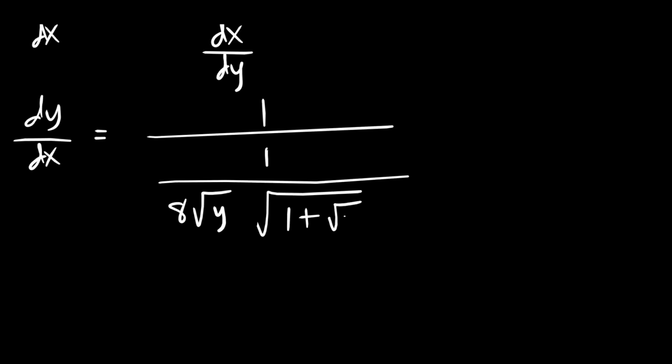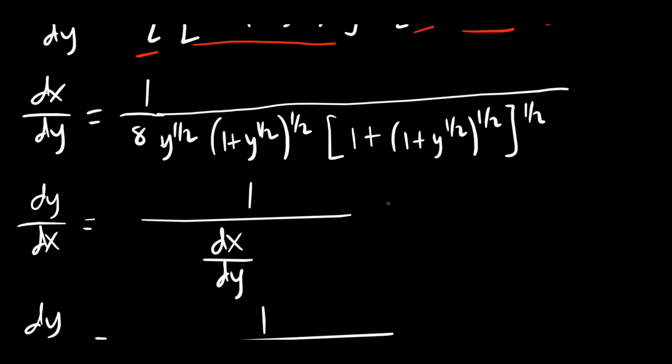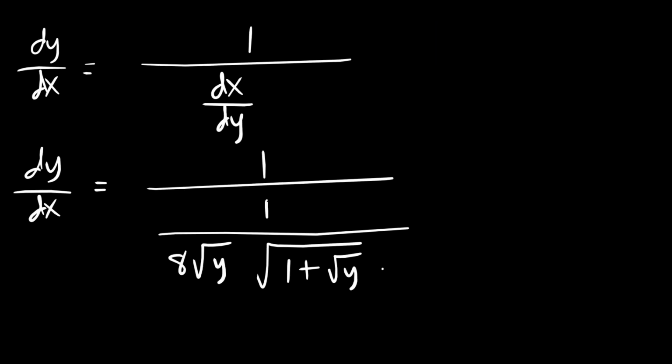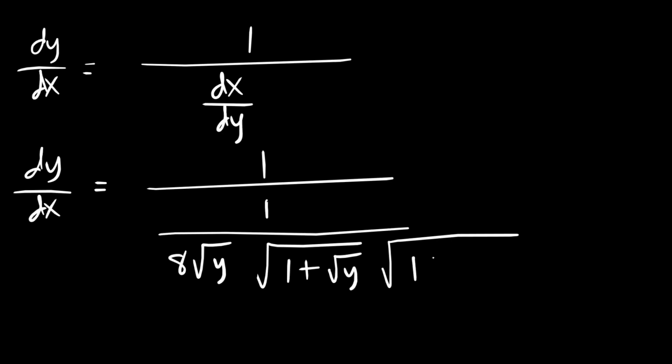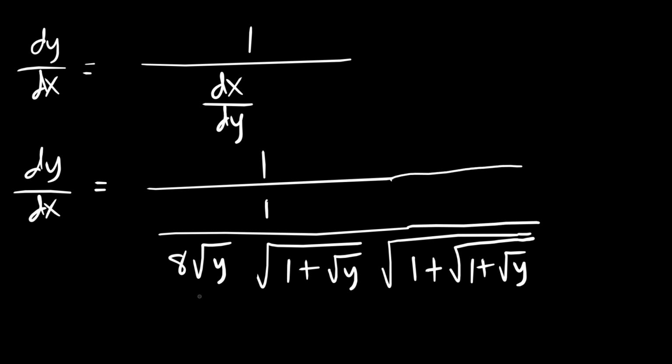So the square root of y multiplied by the square root also of 1 plus the square root of y. So we have this. So this term here will be put in the numerator.